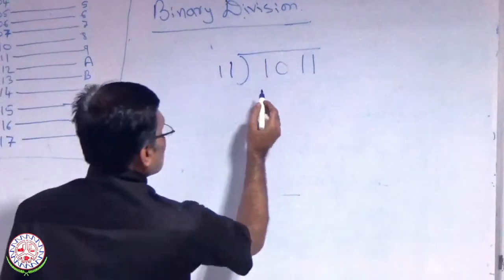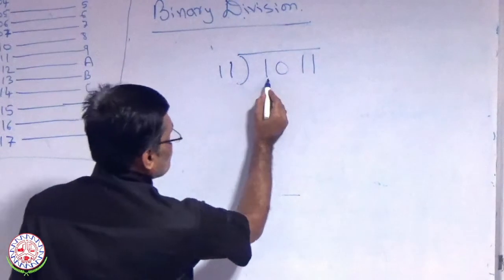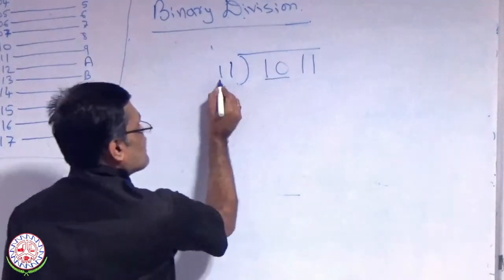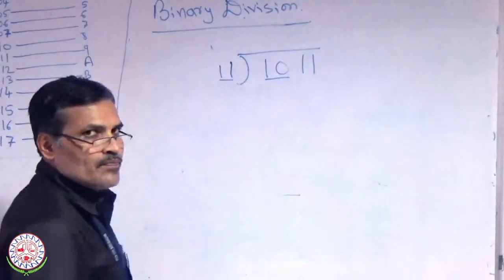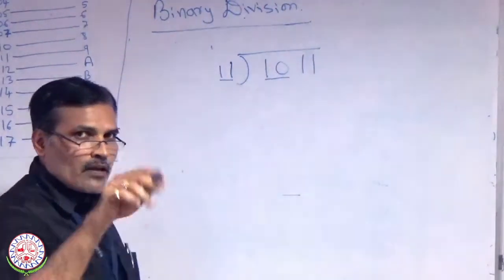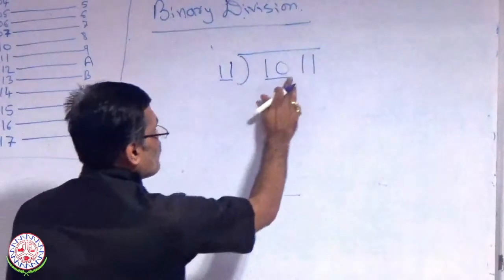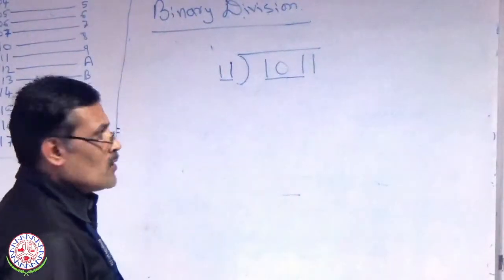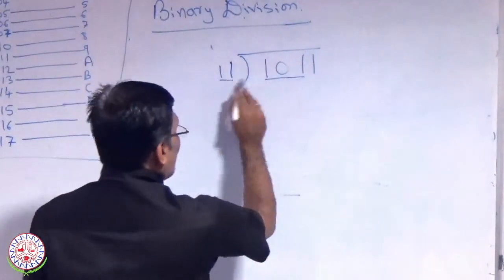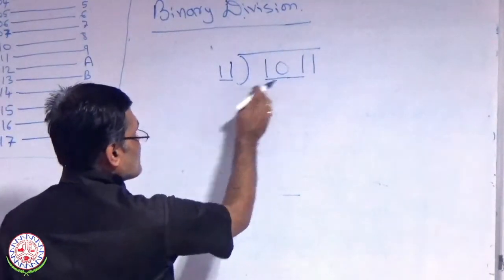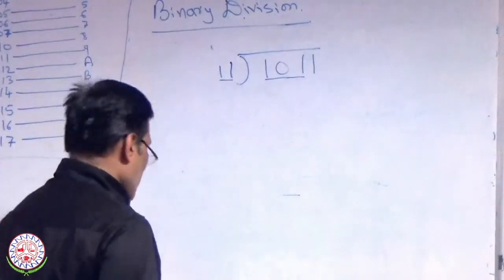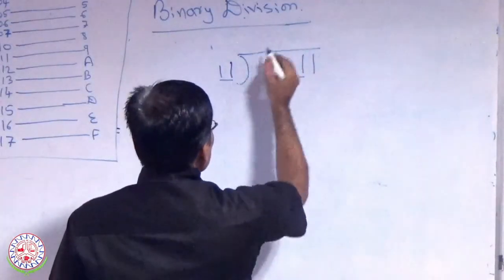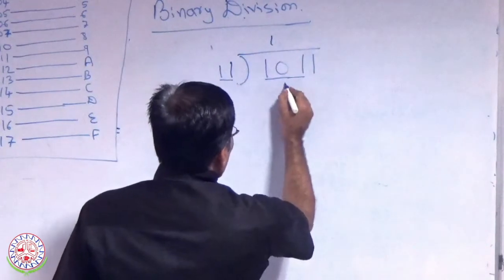Now in this case, we have 2 digits here. Let us consider the first 2 digits, which are lesser than this divisor. In decimal, what we do is take the third digit also. Now this has become larger and this has become smaller. So with respect to this, I will just write 11.